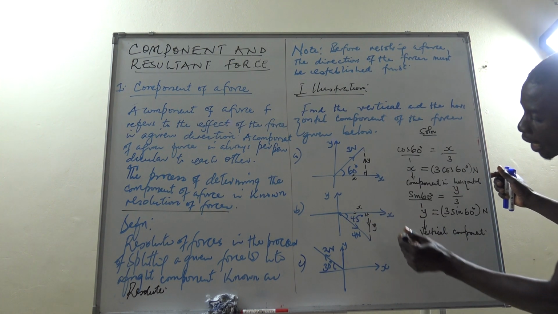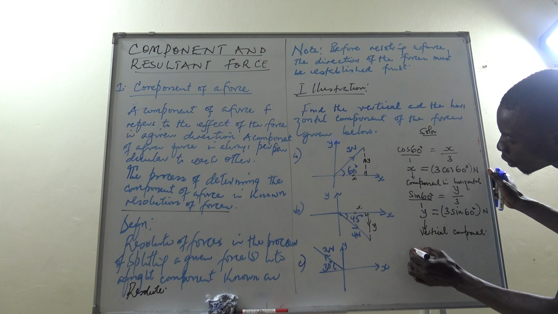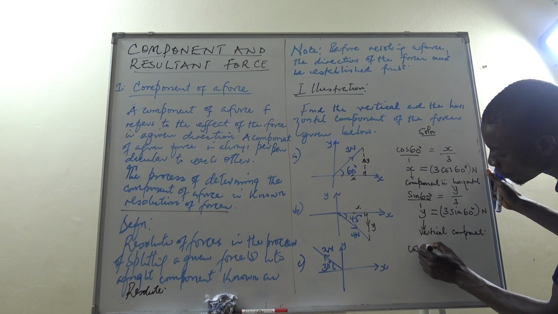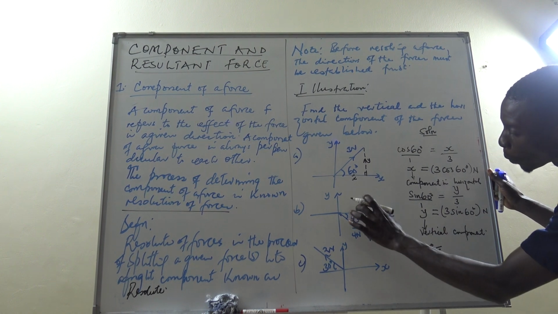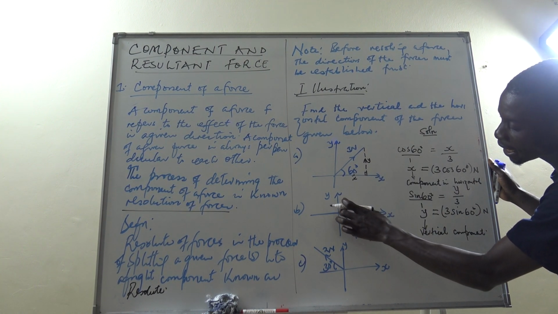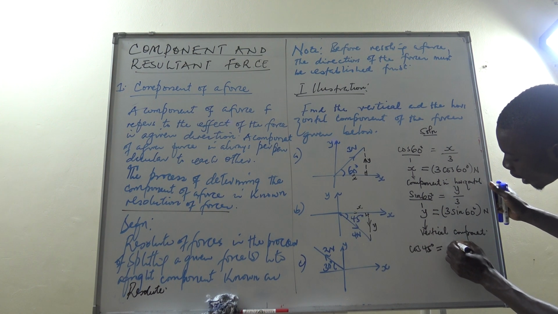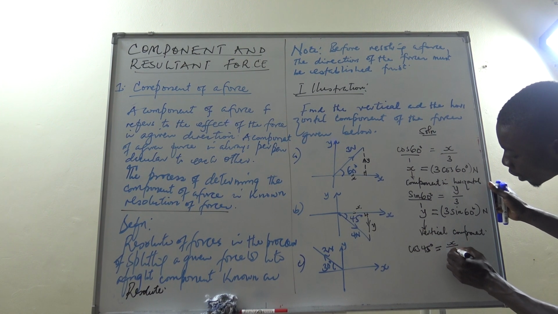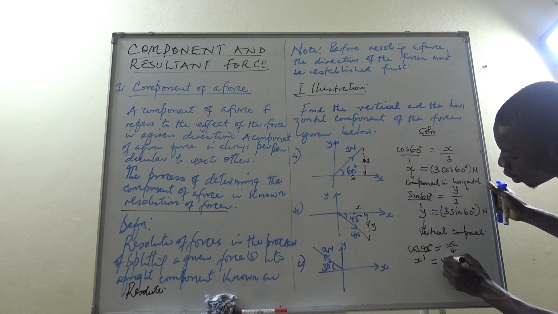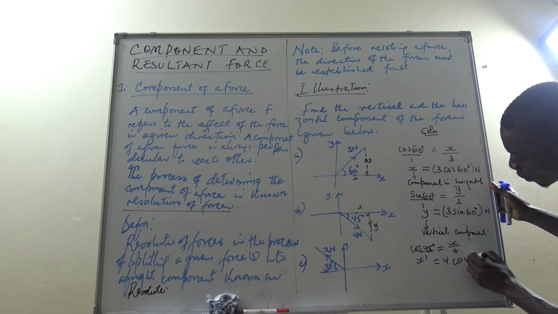So also from here, if I decide to say, what is the cos of 45? Cos of 45 is equal to adjacent over hypotenuse, and that is x over hypotenuse, which is 4. That means my x is the same as 4 cos 45.